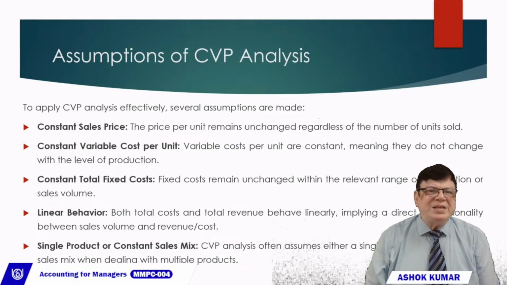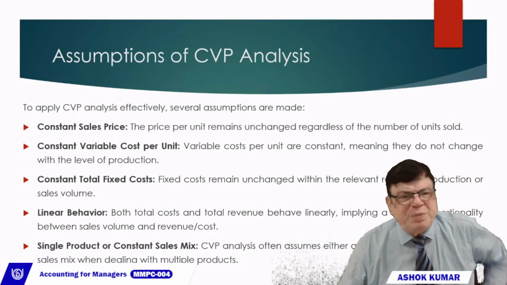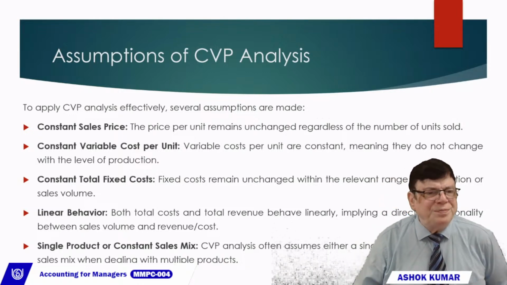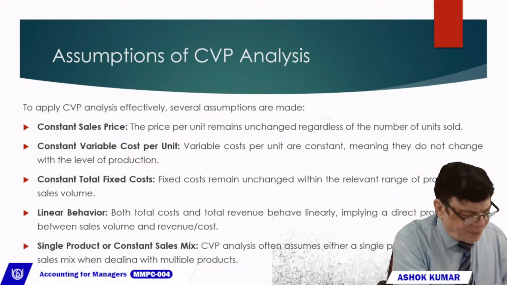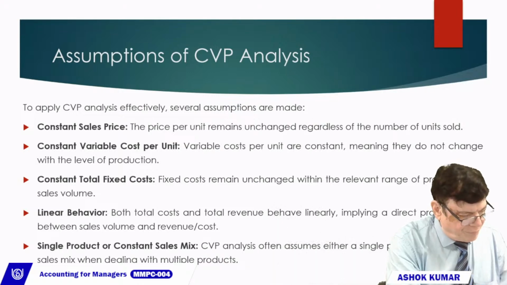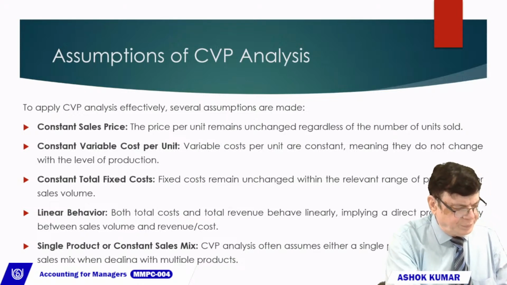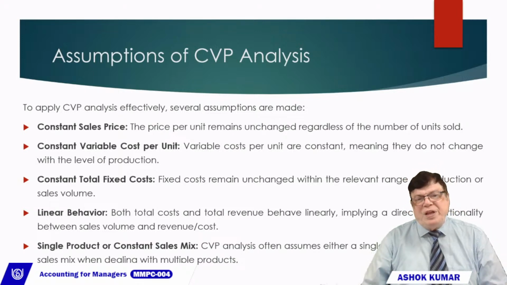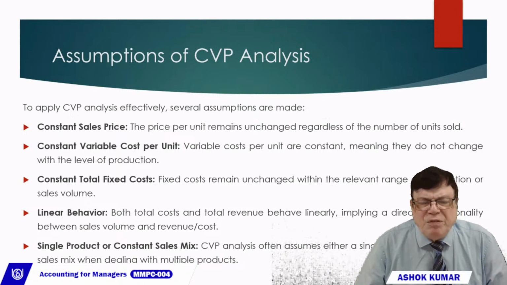So we have seen the assumptions of CVP analysis. The first assumption is constant sales price. The price per unit remains unchanged regardless of the number of units sold. Constant variable cost per unit. Variable costs per unit are constant, meaning they do not change with the level of production.